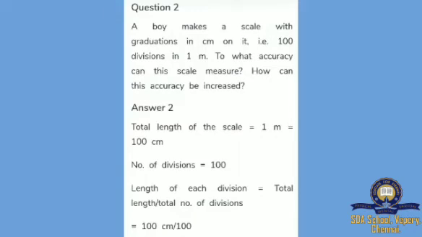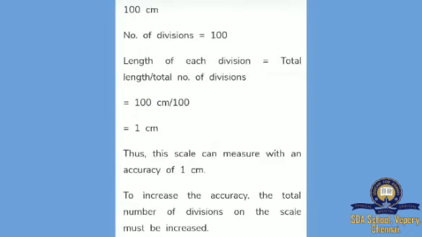So number of divisions is equal to 100. Length of each division is equal to total length divided by total number of divisions. What is the total length of the scale? 1 meter, that is 100 centimeter, divided by number of divisions 100. So if you divide, you will get 1 centimeter. Thus, this scale can measure with an accuracy of 1 centimeter.